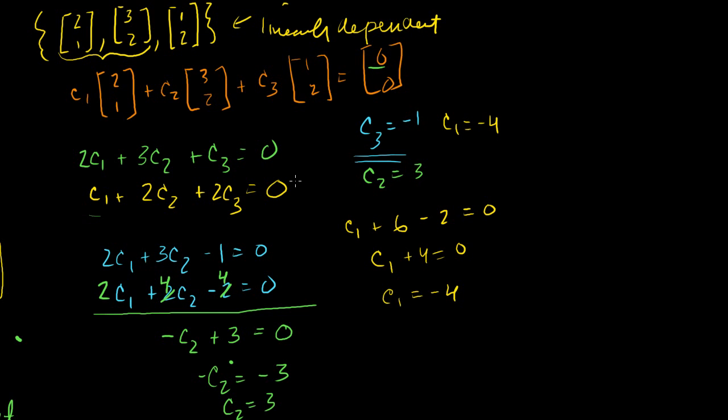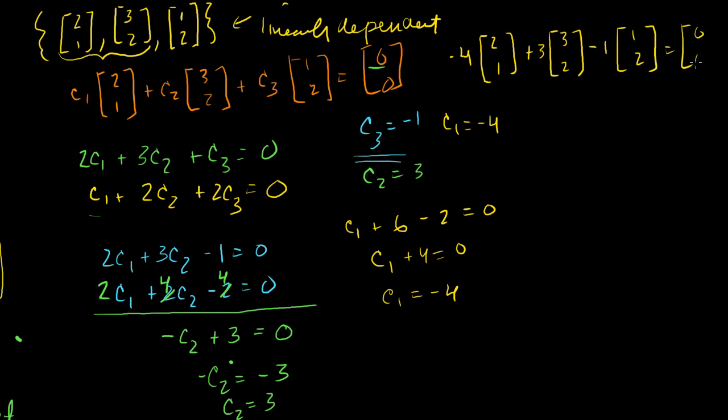So I'm giving you a combination of c's that will give us a 0 vector. If I multiply -4 times our first vector, 2, 1, that's c1, plus 3 times our second vector, 3, 2, plus -1 times our third vector, 1, 2, this should be equal to 0. Let's verify it just for fun. -4 times 2 is -8, plus 9, minus 1.